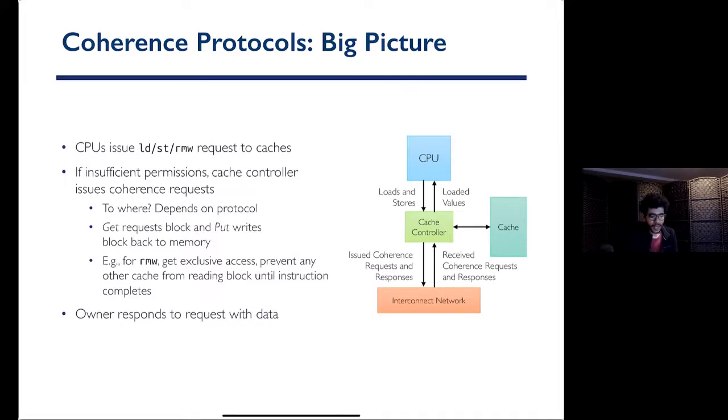Now, inside here, your cache controller is going to keep the states that we talked about for every block of cache that you have in your cache. So for each one of them, your cache controller is going to keep a state. And depending on that state, these requests and responses differ, and that depends again on the cache coherency protocol.